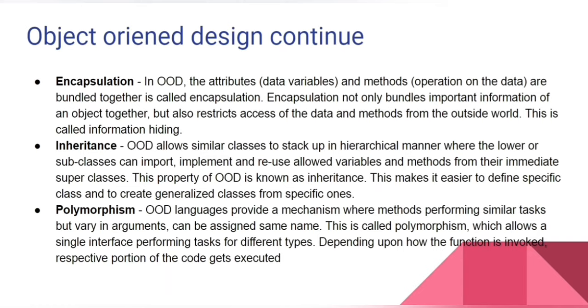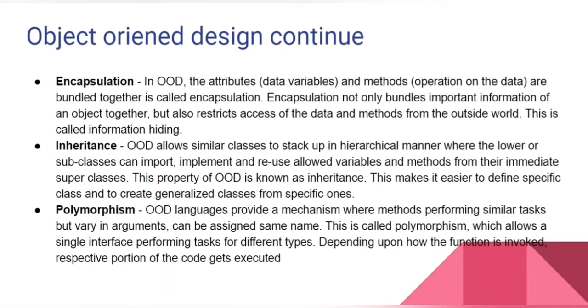So we have inheritance. OOAD allows similar classes to stack up in a hierarchical manner where the lower class, the subclass, can import, implement, and reuse variables and methods from its immediate superclass. So in inheritance, we inherit classes from one another. For example, if I have a parent class, I can inherit another class that is child, or son or daughter, whatever it is.